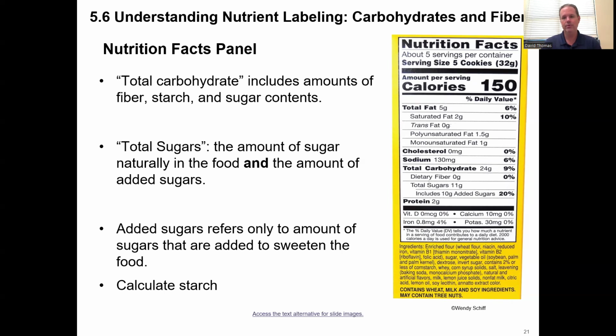So for this example, you've got a total carbohydrate content of 24 grams. 11 came from sugars. And so if you subtract those numbers, if I did the math right, you'll get 13 grams. So that means this has 13 grams of starch that's part of this total carbohydrate category.